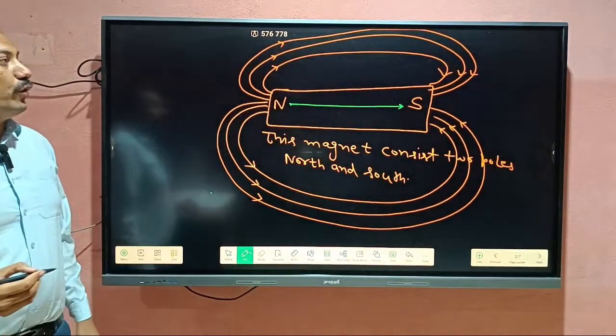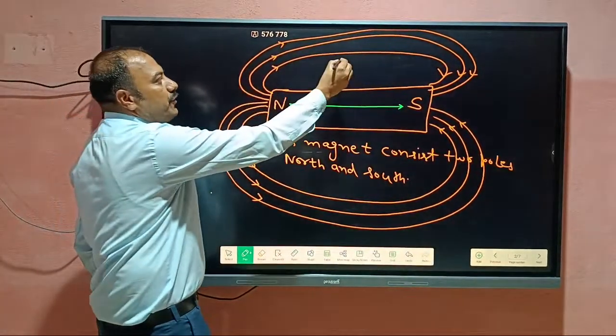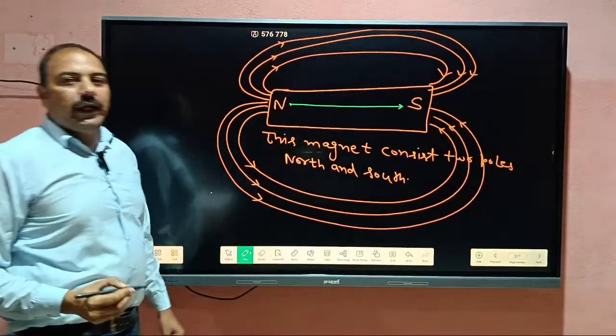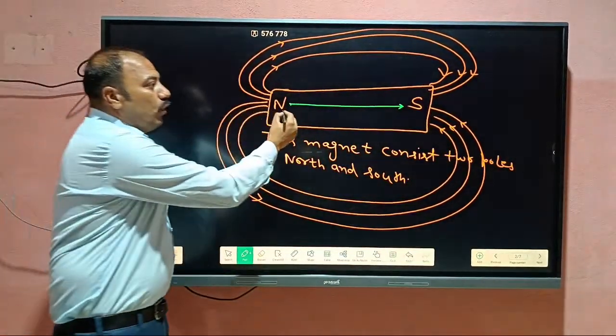So here what is important? Outside the magnet, the direction of lines is from north to south, and inside the magnet, the direction is from south to north.